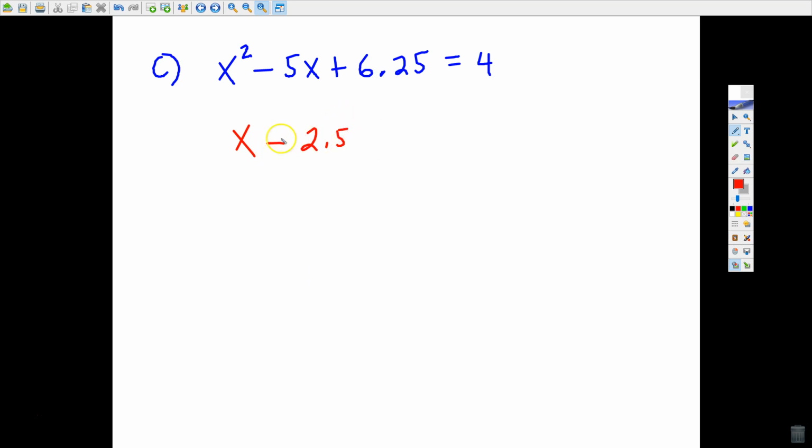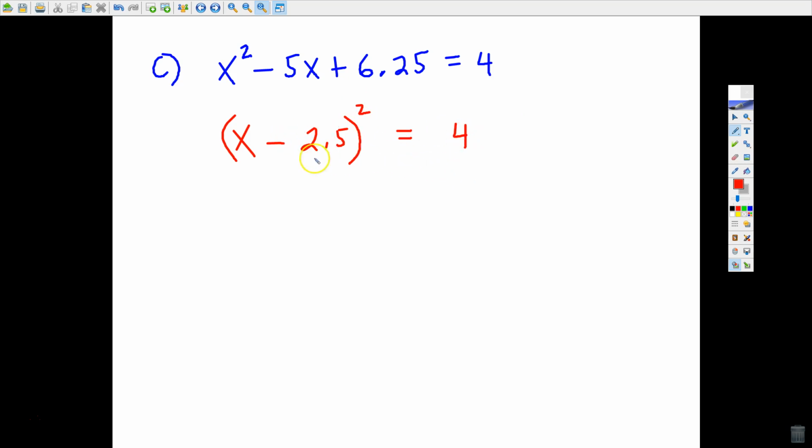Okay, but the true test is, can we multiply these together and double it to come up with the middle? And the answer is yes, because if I multiply negative 2.5 times x and then times 2, I'm going to get negative 5x. Alright, so the red represents the factoring of the left side of this equation.